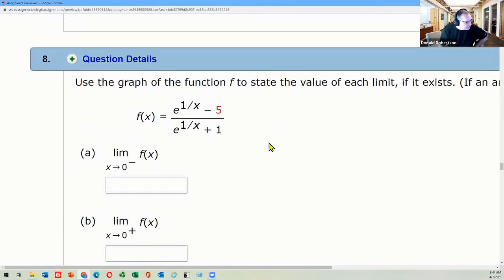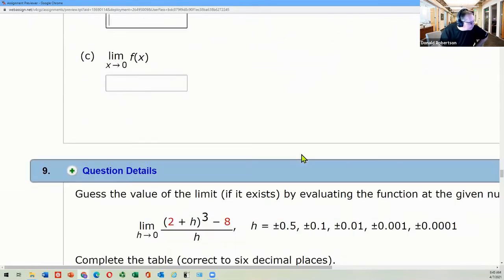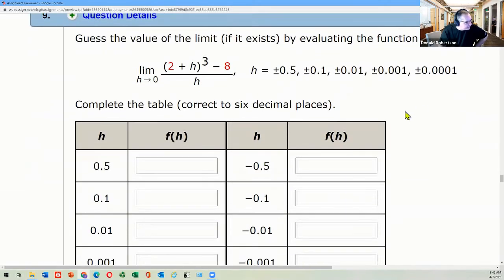So you plug this into Desmos or your graphing calculator and just look at the picture, and as x comes to 0 from the left, the graph will be one number, but coming in from the right, it will be a different one. It's basically a piecewise function. And let's look at this next one.